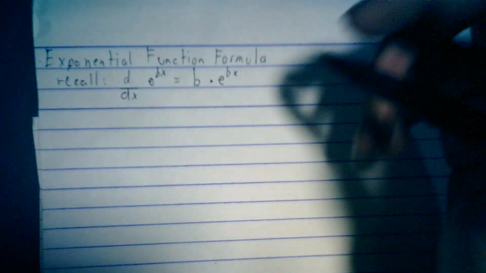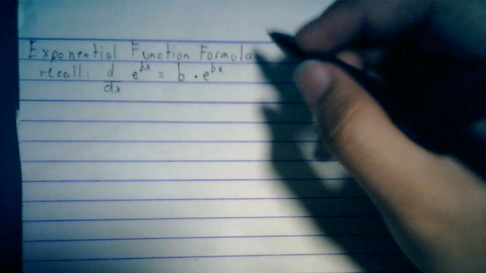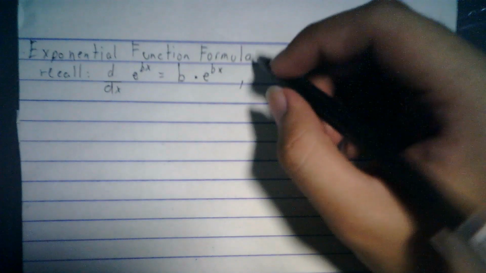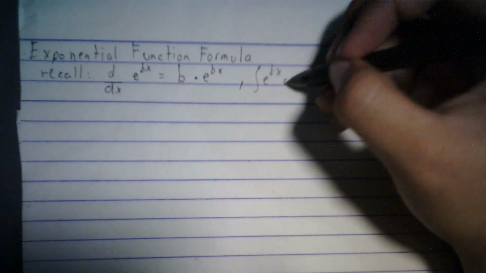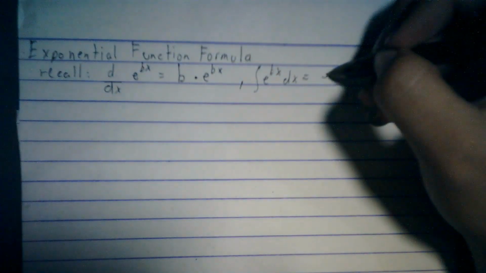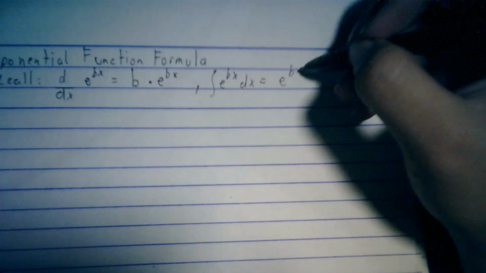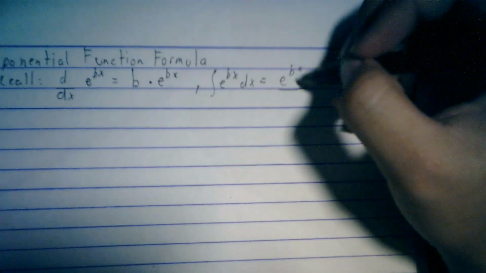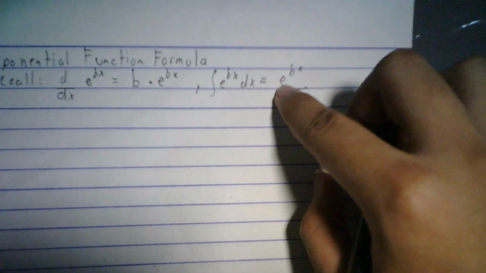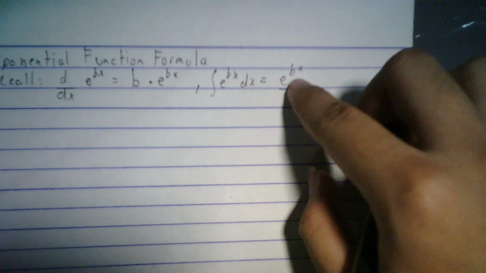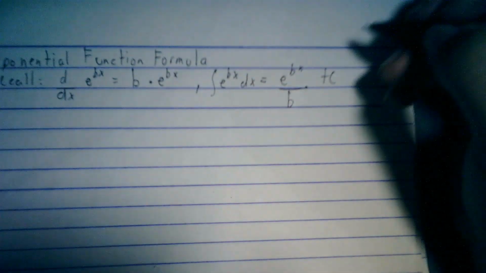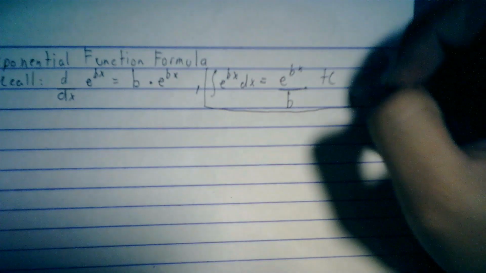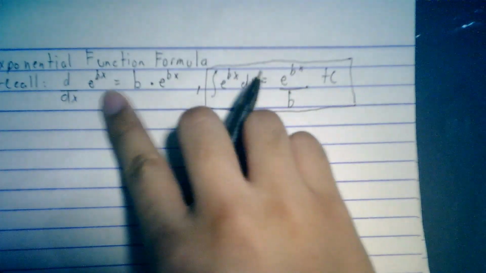Now for the integral formula, I will show you how to do it. The integral of e raised to bx dx is just equal to e raised to bx over b, where b is the constant, plus c. This is our formula for the exponential function.